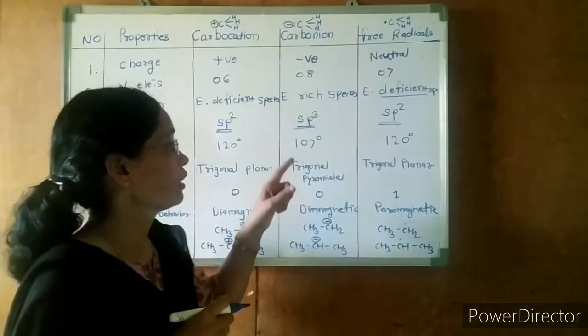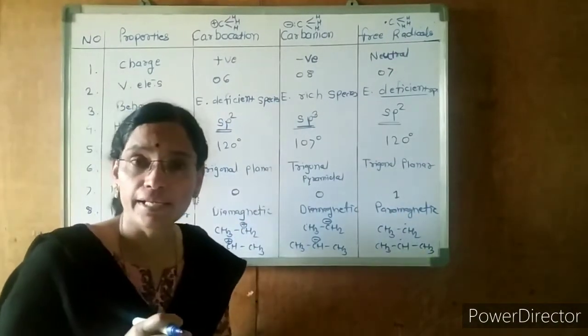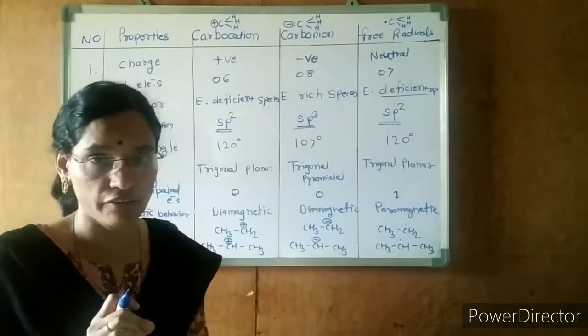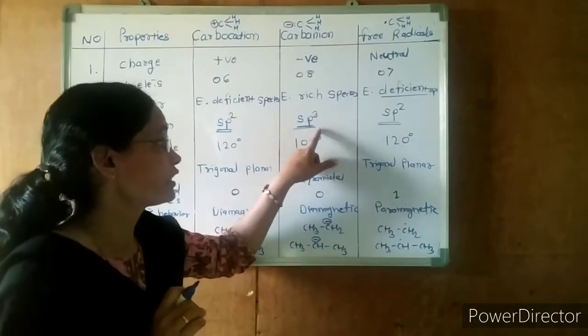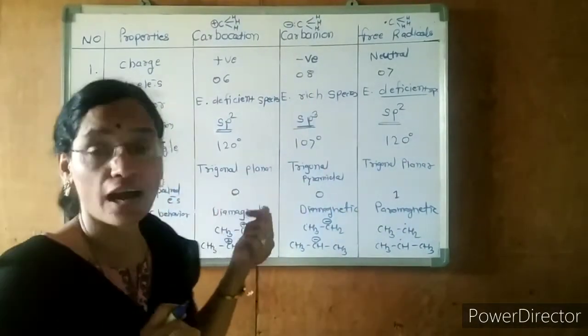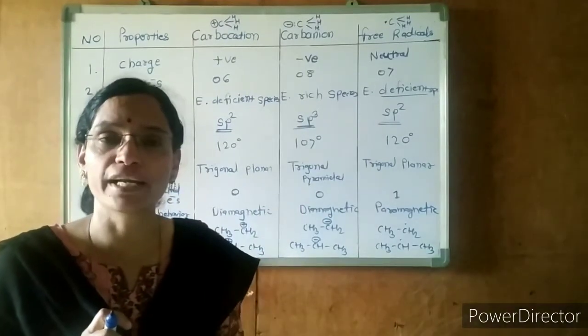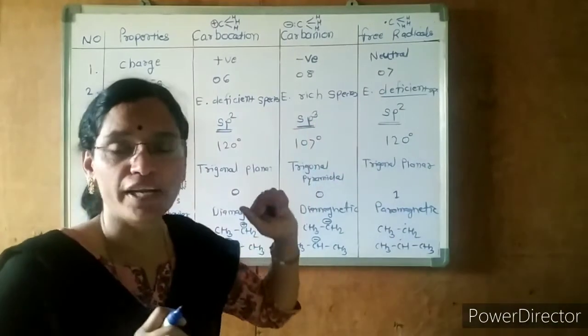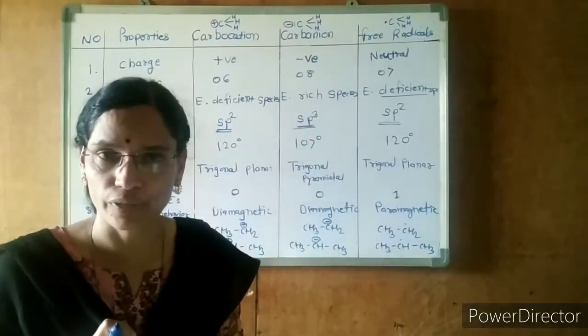And in case of sp3, the bond angle is 109 degrees 28 minutes for sp3 hybridization, which has the same shape and geometry. If shape and geometry are the same, then it has a tetrahedral geometry and a tetrahedral shape, right?